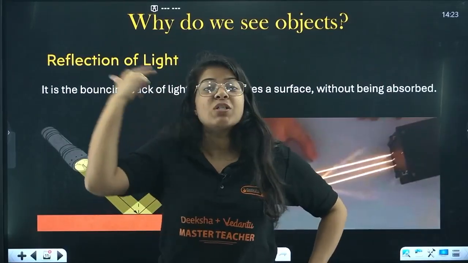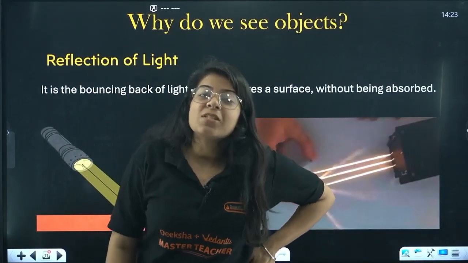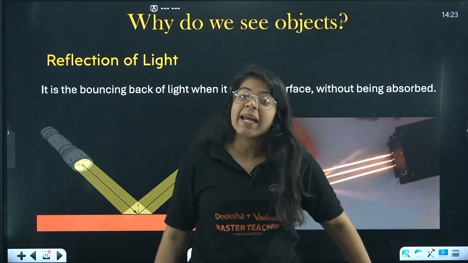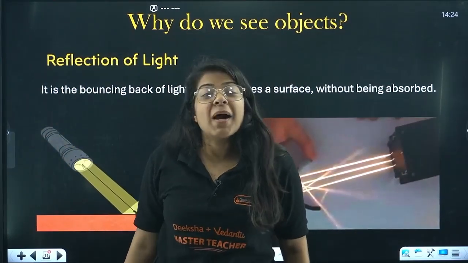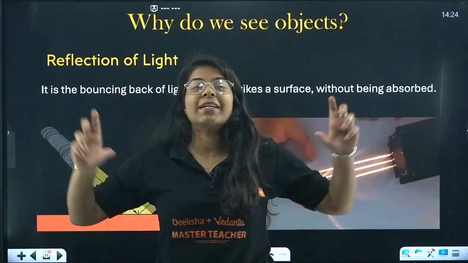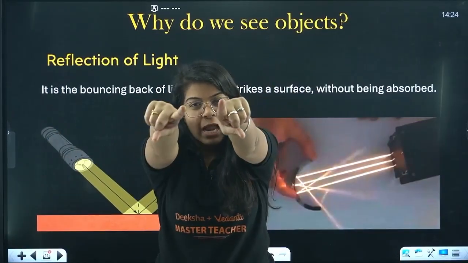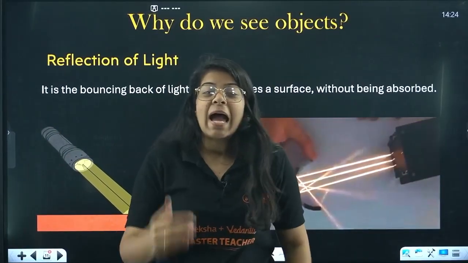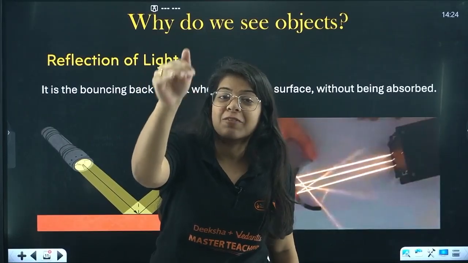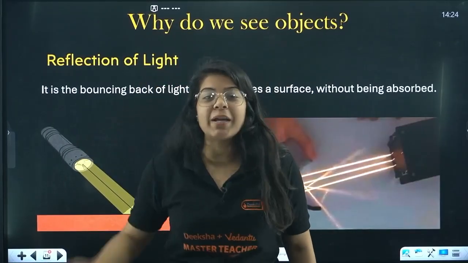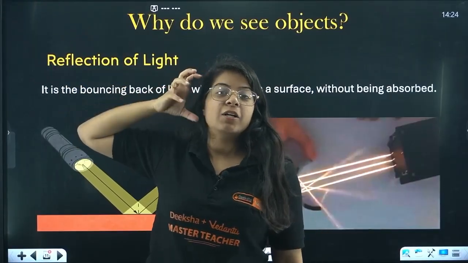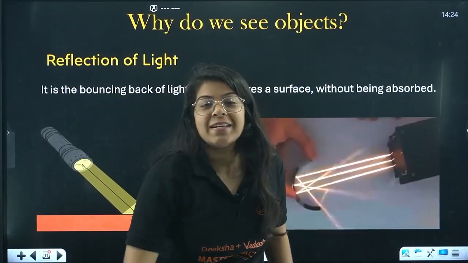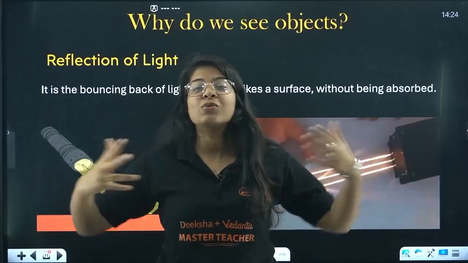It is because the light bounces off me and enters your eyes. This light hit me and it bounced and it hit your eyes, right? That's how you see me.